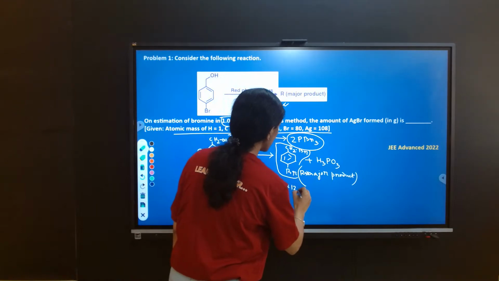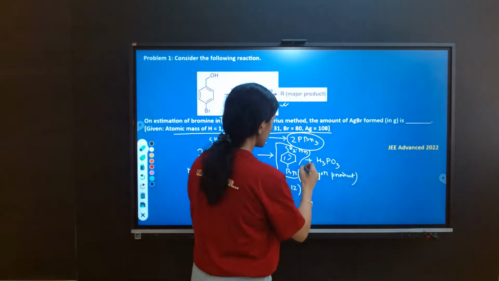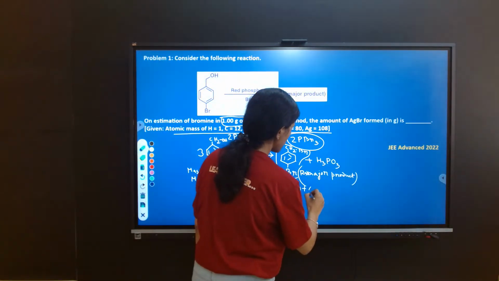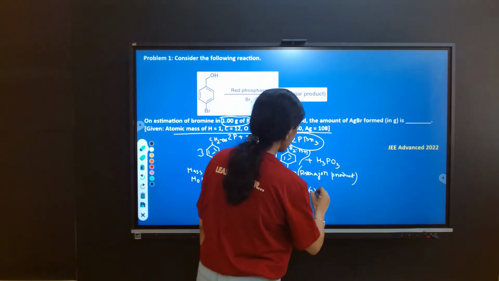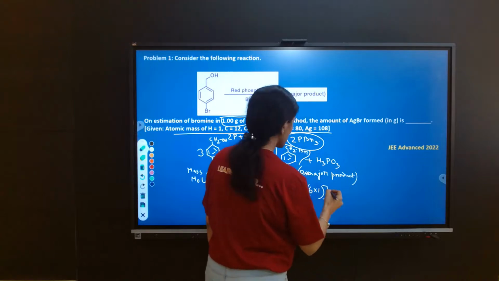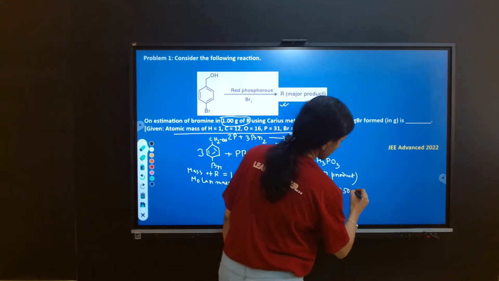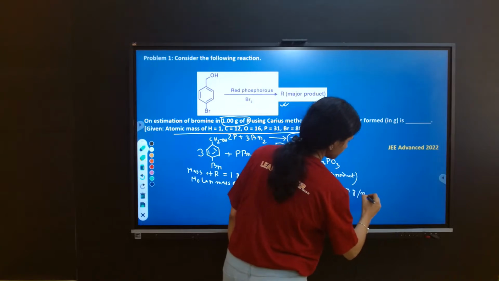So 7 times 12, which is the atomic mass of carbon, and there are 6 hydrogen atoms. So 6 times 1, 1 being the atomic mass of hydrogen. If you calculate, the molar mass of R comes out as 250 gram per mole.